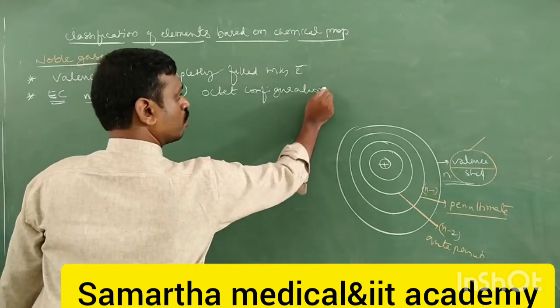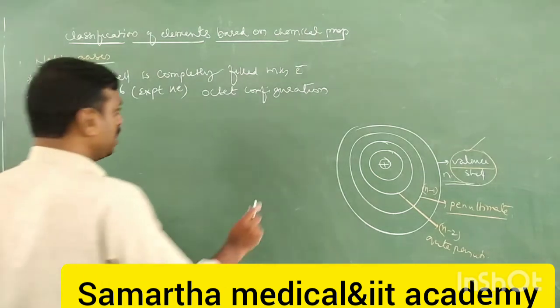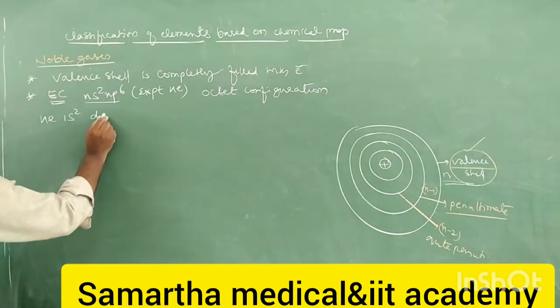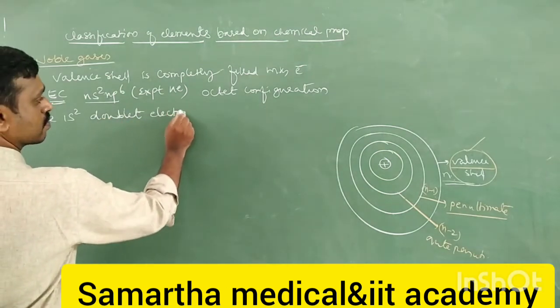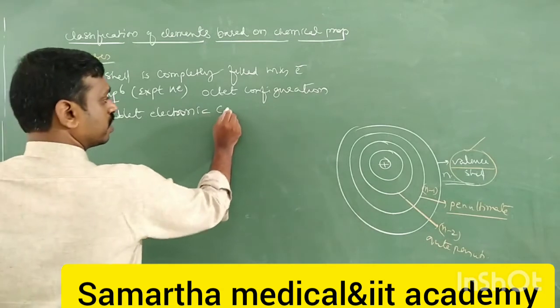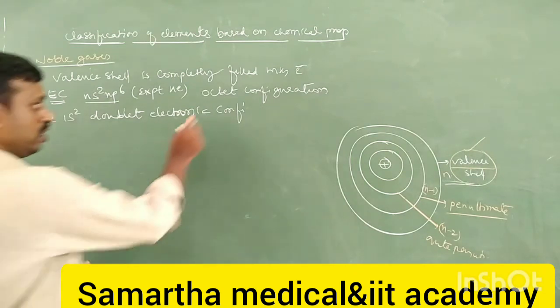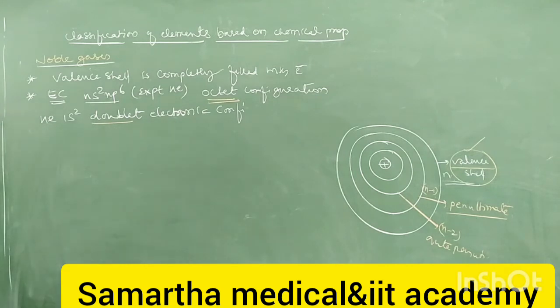That means noble gases have the octet configuration except helium. Then which electronic configuration does helium have? 1s2, which is called the doublet electronic configuration. Important. So all the noble gases have the octet configuration, whereas helium has the doublet electronic configuration.